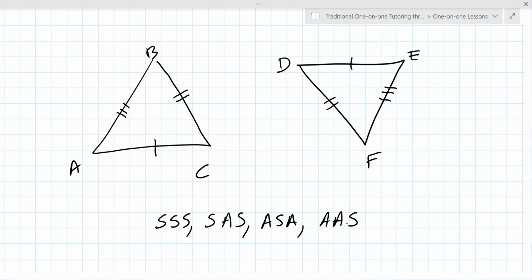Okay, so what angle is shown as being congruent to another angle? The DEF. Sourish, do you see that all three sides are congruent? Yeah. So which of these four is for all three sides being congruent?